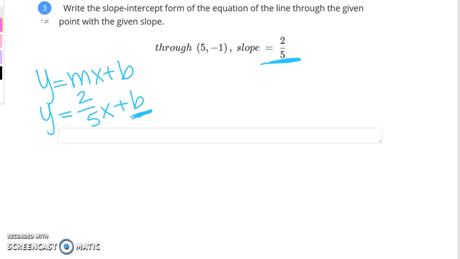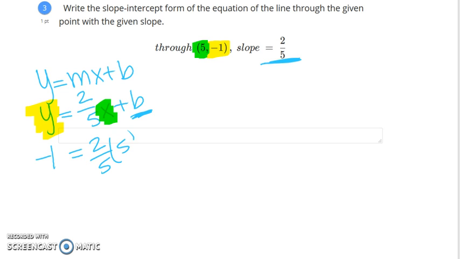But I can find b, and how I'm going to find b is by this coordinate they gave me, 5, -1. I'm going to substitute in -1 for y, and then substitute in 5 for x. And when I do that, it is going to give me my b value. You'll notice that b is now the only variable left.